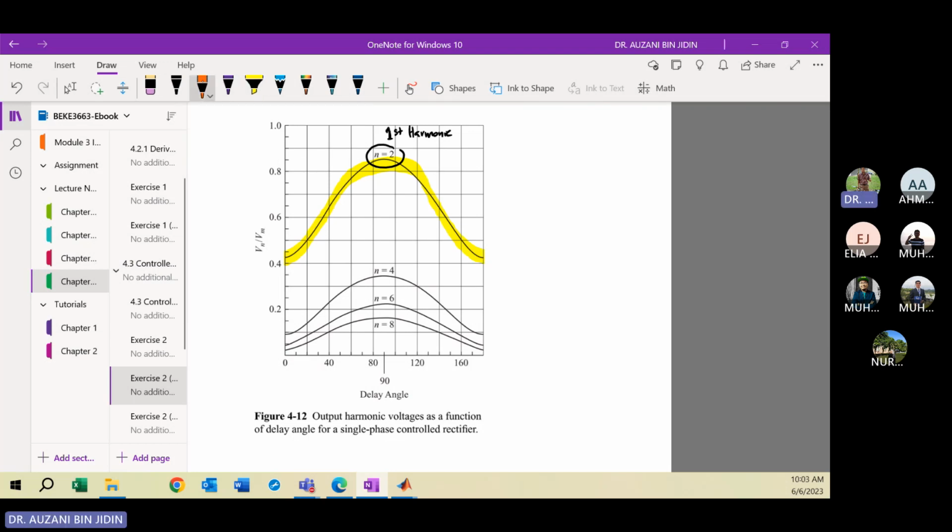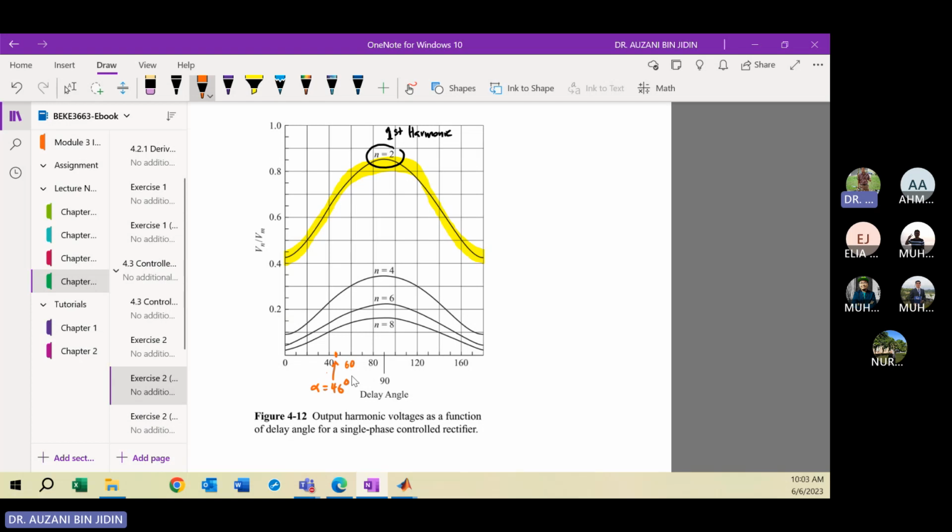Where your alpha will be, here will be 40, here will be 60, so 46 is somewhere here, right? So this alpha is 46 degrees.